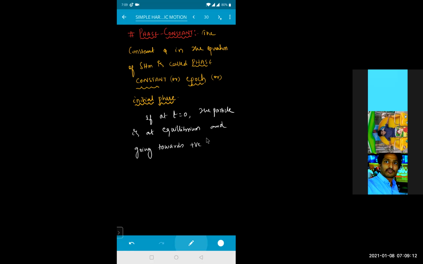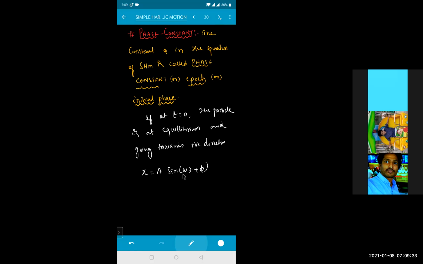Like see, x equals a into sine of omega t plus phi. This is our equation. Now if I take t equals 0, at t equals 0 the particle will be where, beta?